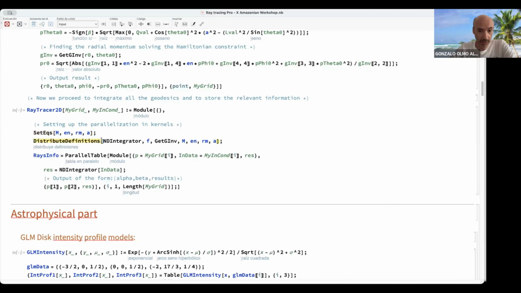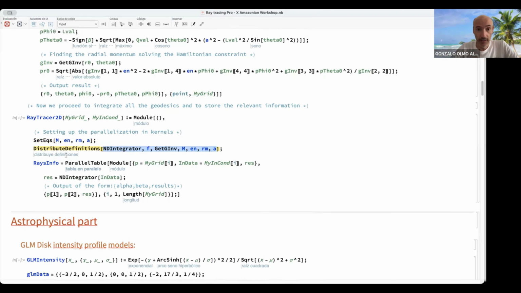We use this to define the global functions because these are very intensive calculations: we have ng squared pixels, so there will be many calculations, and they can be parallelized.